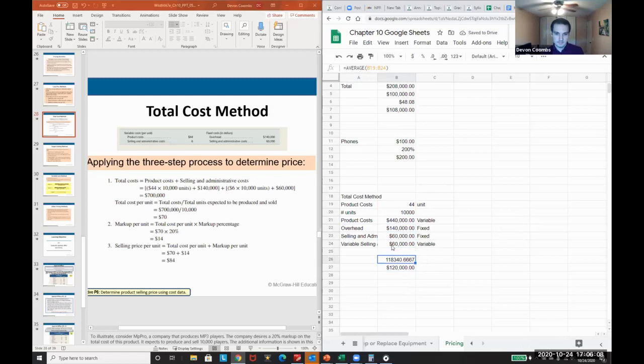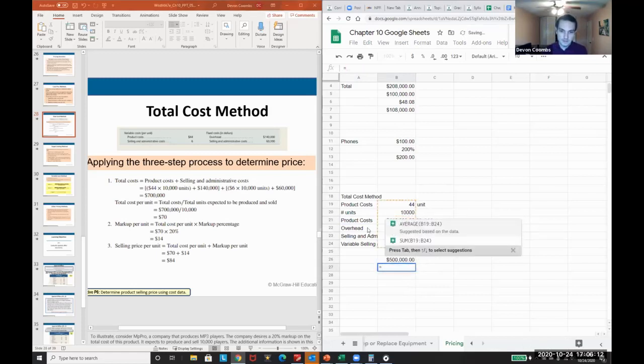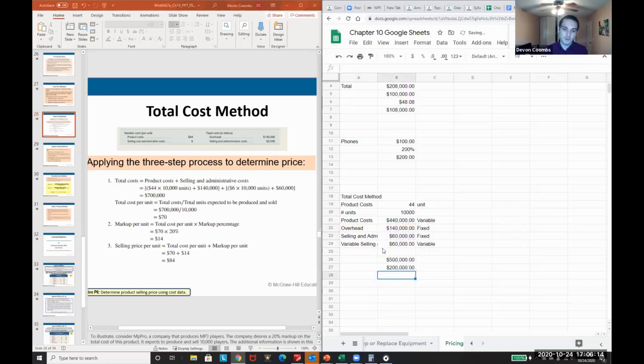We're assuming our variable and our fixed, these we're expecting won't change, are 200. But because we're trying to figure out the price we want to charge, we care about the relevant and avoidable costs as well. So we're looking at both, even though we can break it out. This is relevant, unavoidable, sunk. It's still our total cost, and we want to make a profit on our total cost.